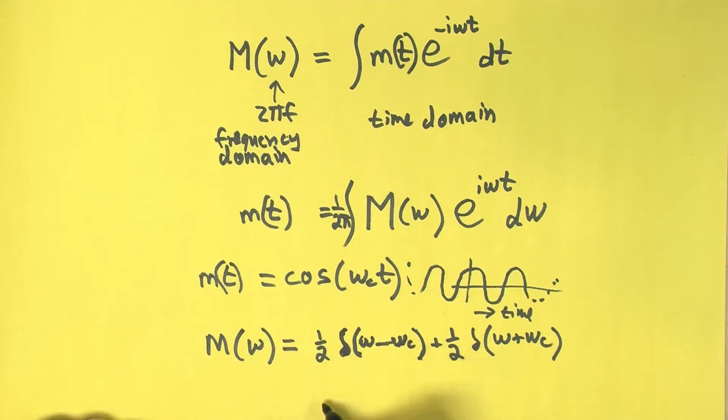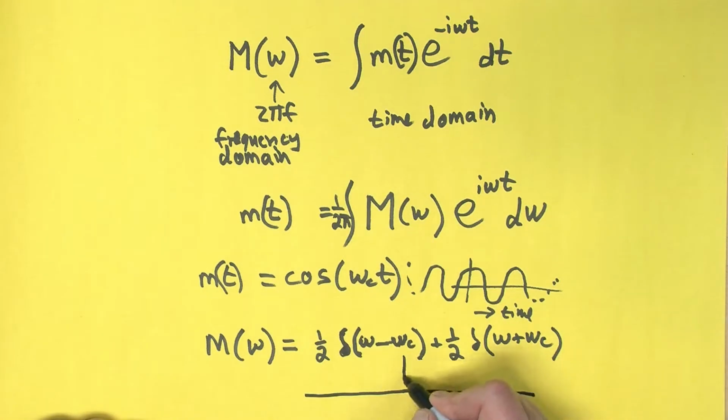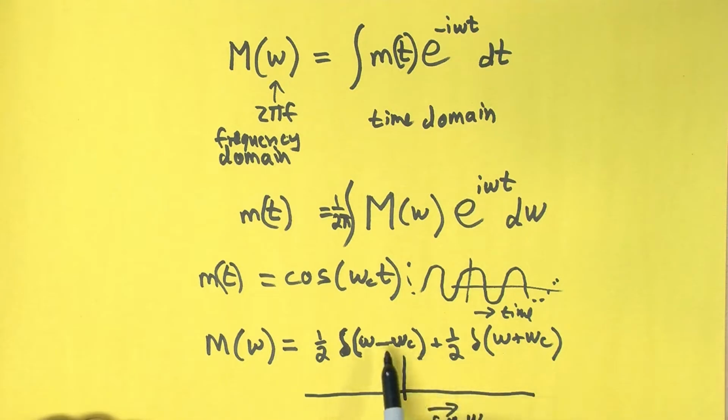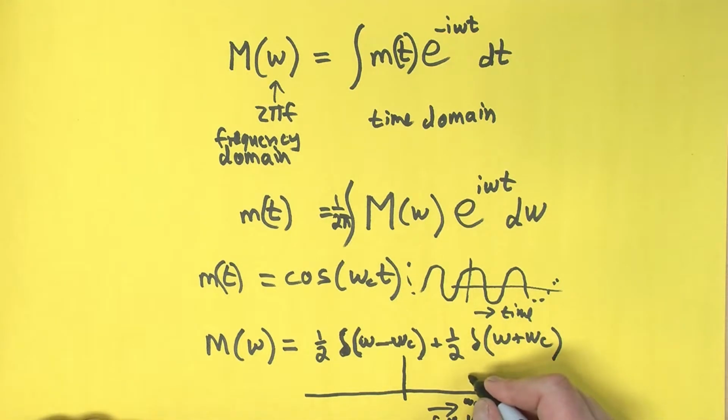So we can, and I have just enough space to draw at the bottom here, draw a little spectrum where this is frequency and it's omega. And what we find is we have a result at omega c over here.